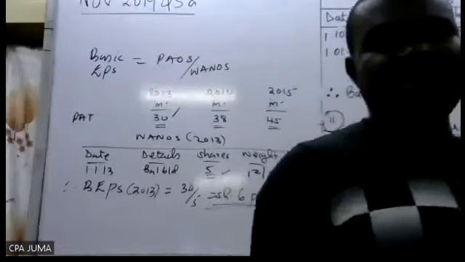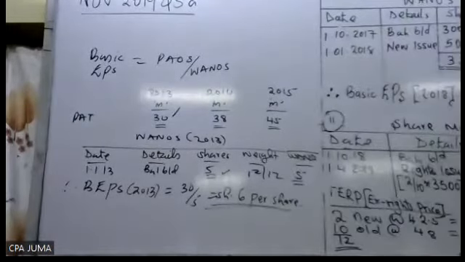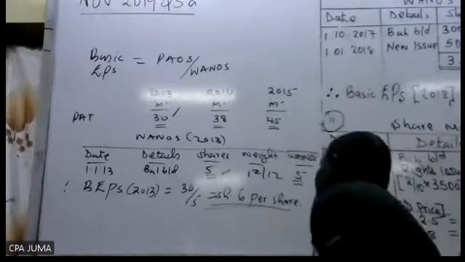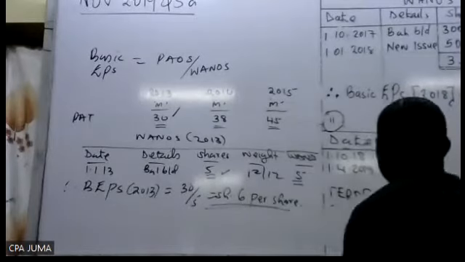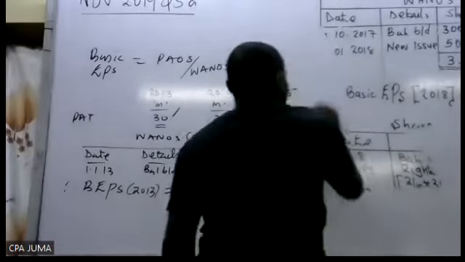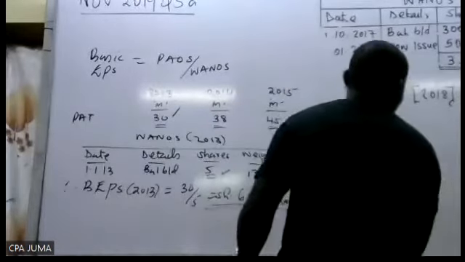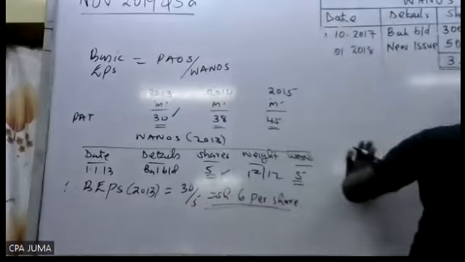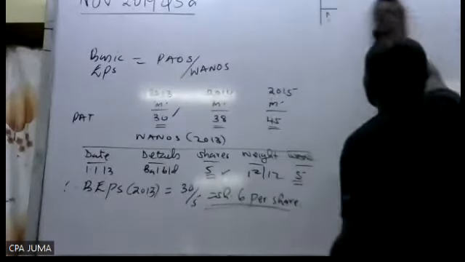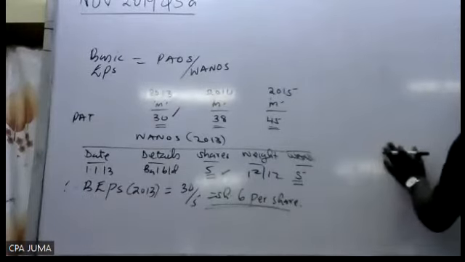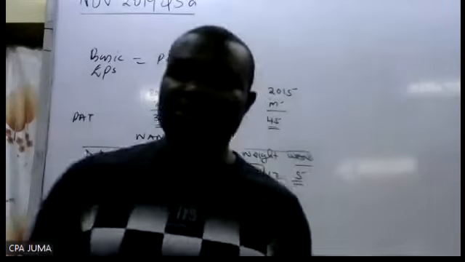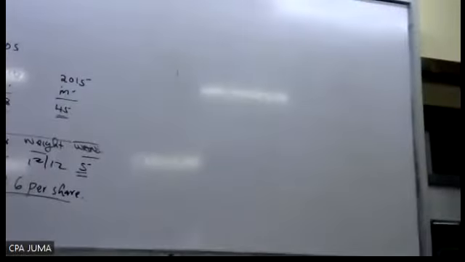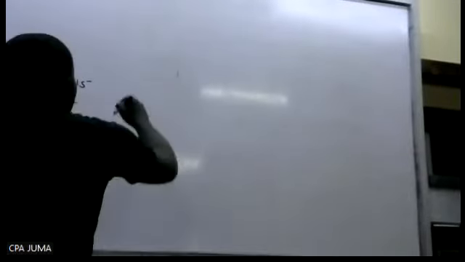Let's go to 2014. In 2014, there was a rights issue. So you start by saying share movement. There are always 3 steps.